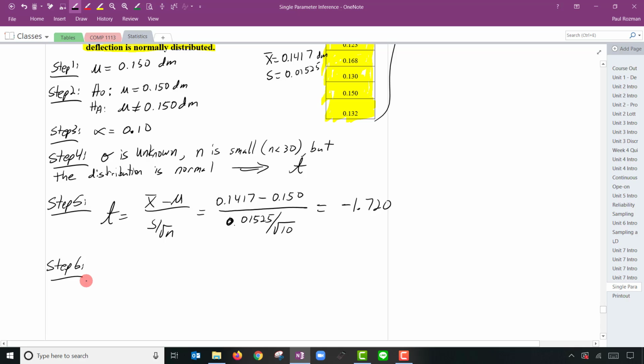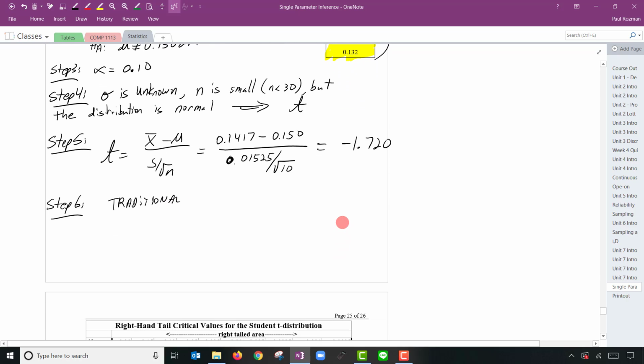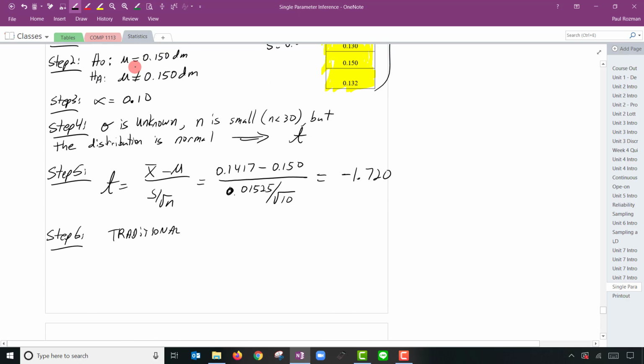Step 6. Maybe we'll do the traditional method. This is a two-tailed test. HA points the way. Well, it sort of points in both directions. If you're not 0.15, it means you could be bigger or you could be less.